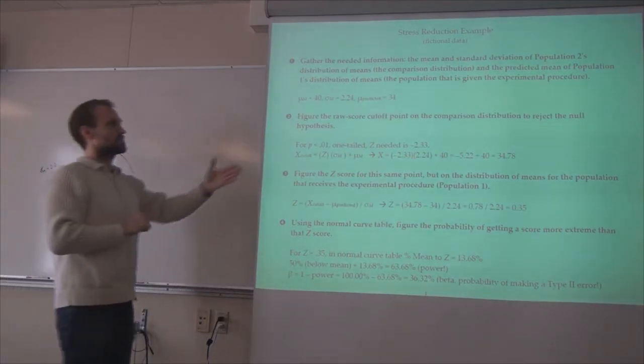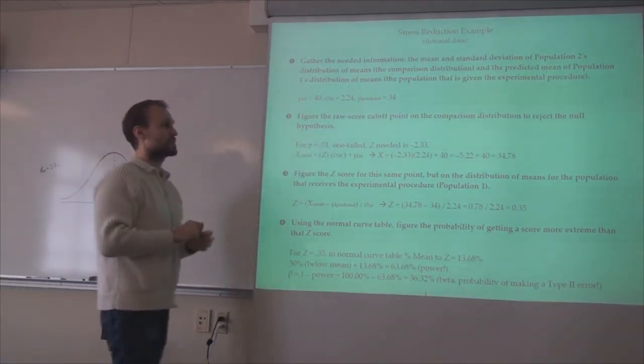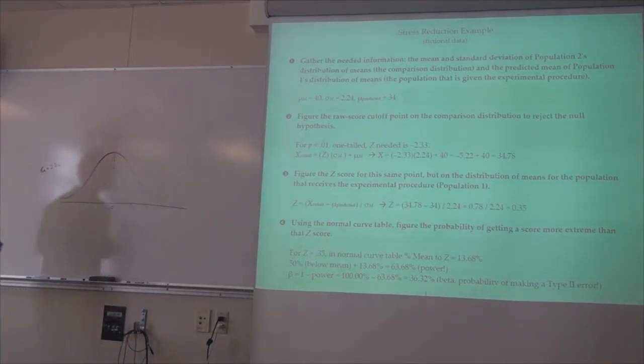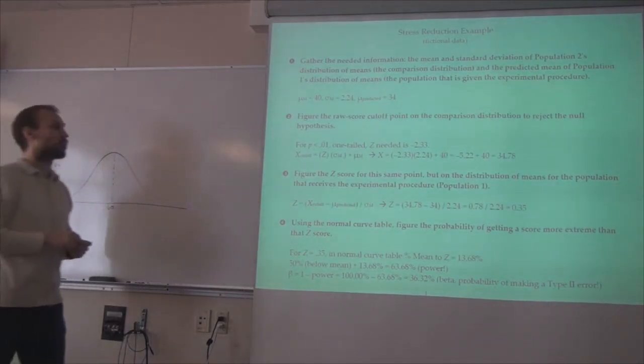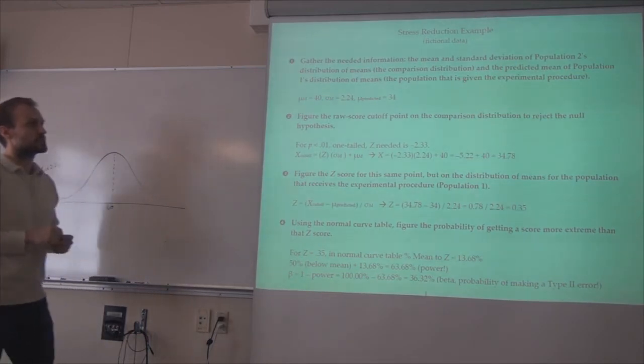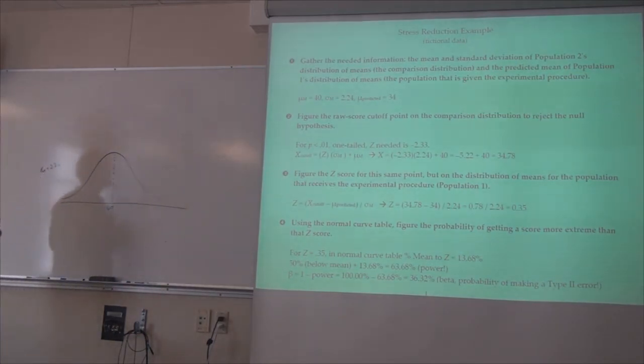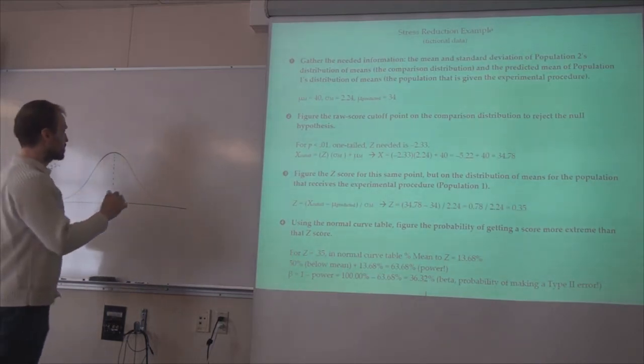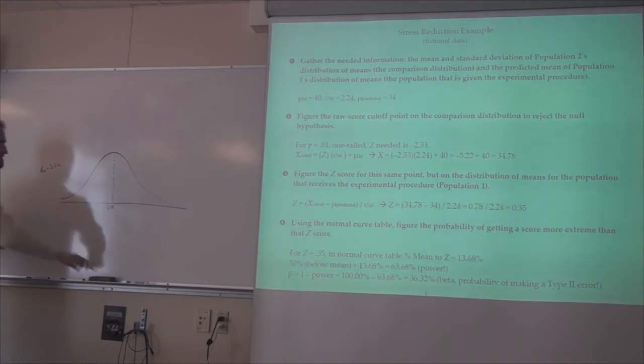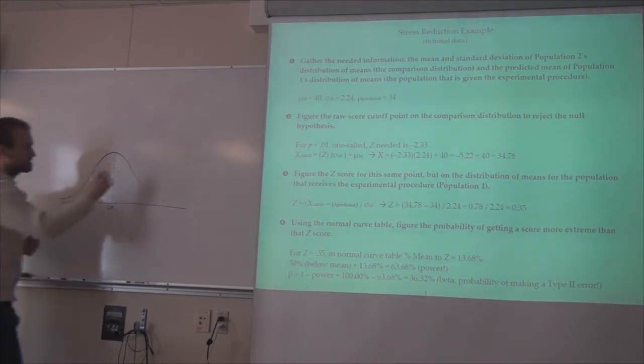So in this case, let's use 1% alpha. So the probability of making a type 1 error is nice and low, or I want it to be nice and low. Let's see what happens to a type 2 error. Now I'm looking on this side, so maybe I'll shift this to the other side.